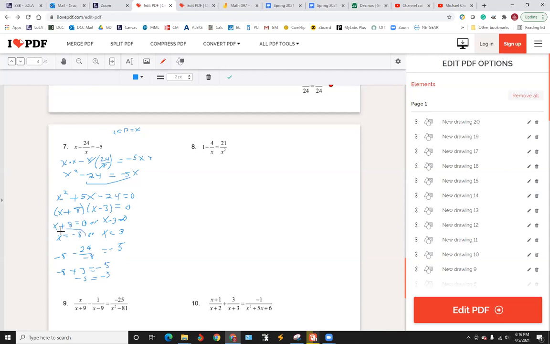So that one's good. Does the other one look good? 3, and then 24 divided by 3 is 8, negative 8. So 3 take away 8 is -5. So they both check.